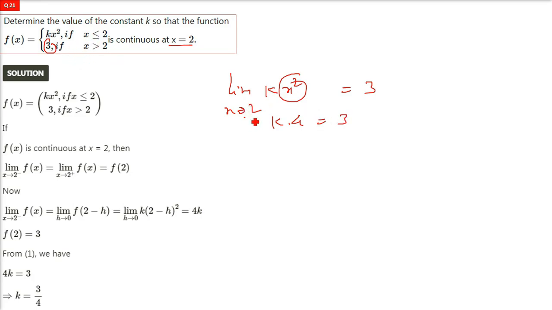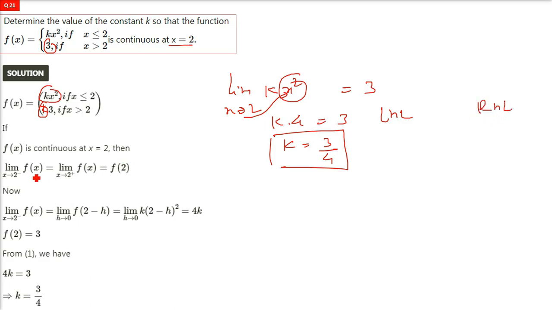But the thing I am trying to highlight here is that you have to take the left hand limit and right hand limit, and put x as 2 minus h and 2 plus h on the left and right, and then do the needful.